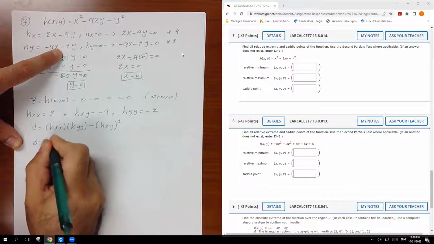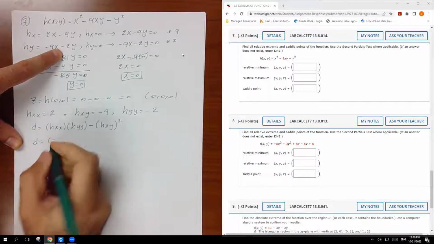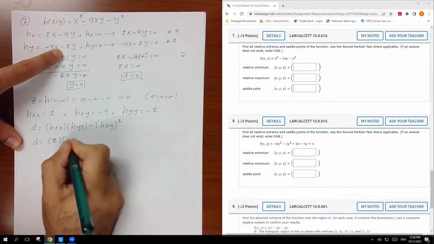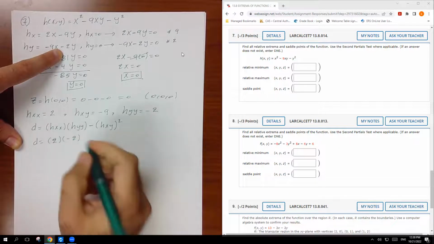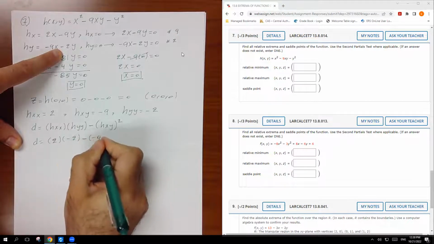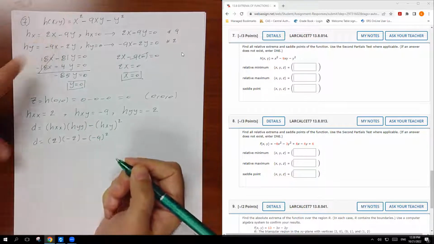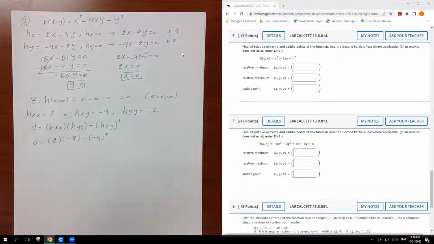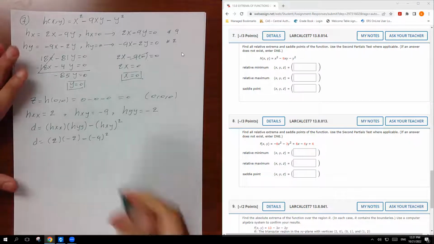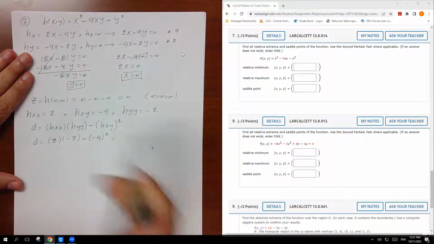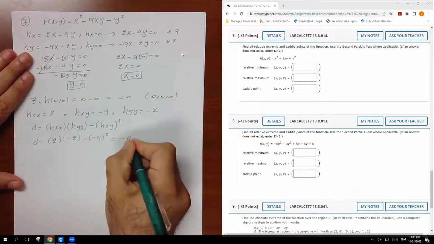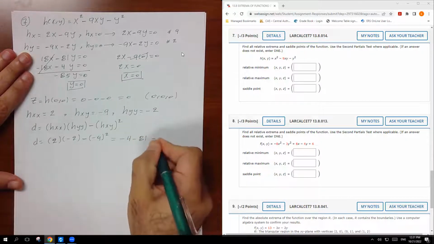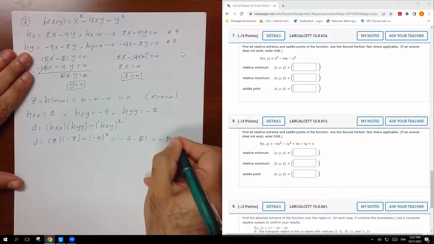D is going to be equal to negative 2 times negative 2 minus negative 9 squared. So it's going to be -4 minus 81, which is equal to -85.